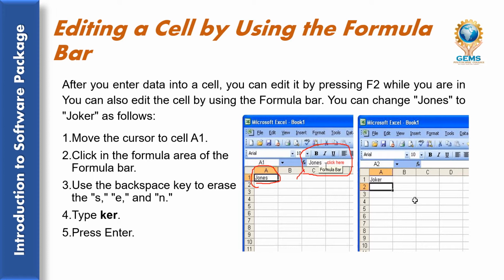Click on the formula bar and use the Backspace key from the keyboard to erase N E S in Jones, and type K E R. We are changing Jones to Joker. So we erase the last suffix N E S and type K E R. After pressing Enter, we will get the Joker message.